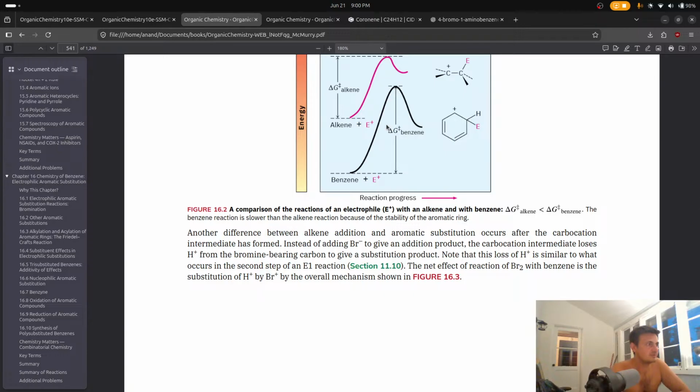Another difference between alkene addition and aromatic substitution occurs after the carbocation intermediate is formed. Instead of adding Br minus to give an addition product, the carbocation intermediate loses H plus from the bromine-bearing carbon to give a substitution product.